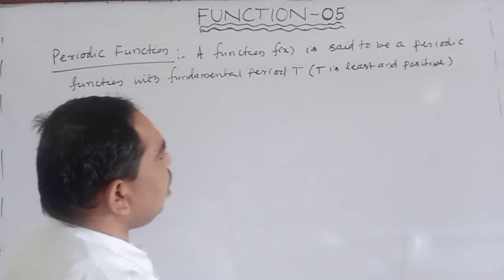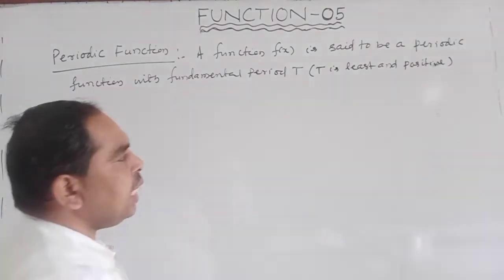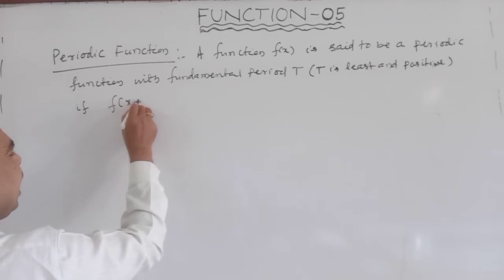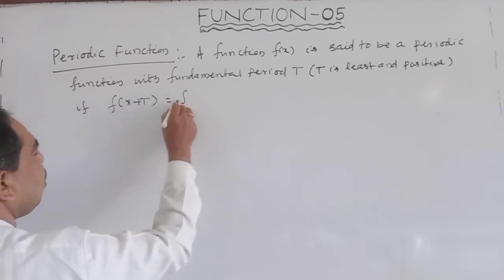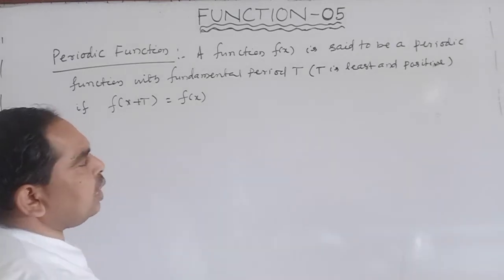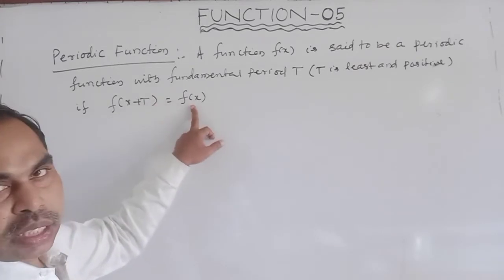A function f of x is said to be a periodic function with fundamental period T if f of x plus T is equal to f of x. F of x plus T is equal to f of x means the function does not change.